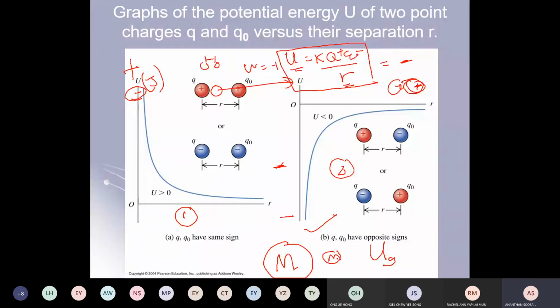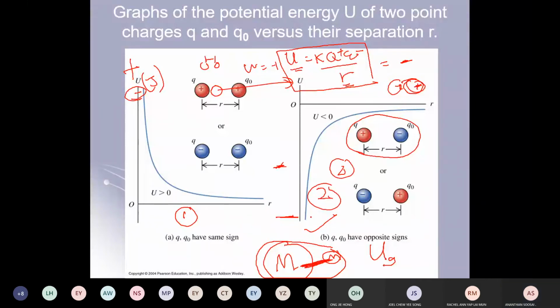Is your case, Earth and you, like charges or unlike charges? Unlike charges, because you are attracted to the Earth. So when you get closer, your potential becomes more negative. So for Earth and you, it follows the second graph.